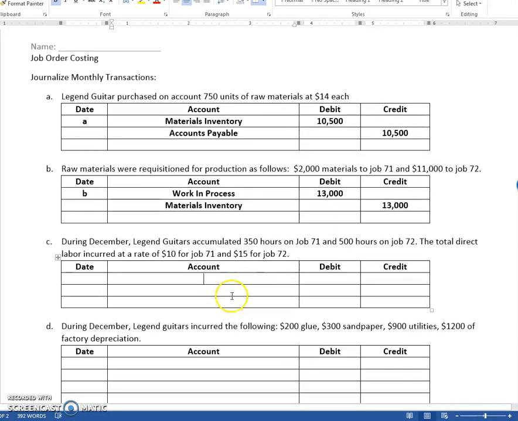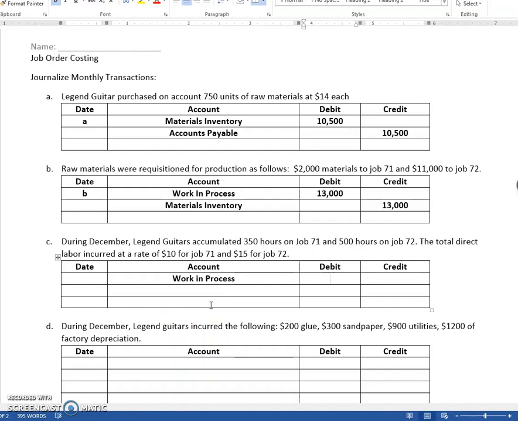Letter C says during December, we accumulated 350 hours on job 71 and 500 on job 72. The total direct labor incurred at a rate of $10 and $15. Because these employees worked specifically on a job, I know that I can trace it to a job. When I can trace it to a job, it goes to work in process. So I will do work in process for my direct labor.